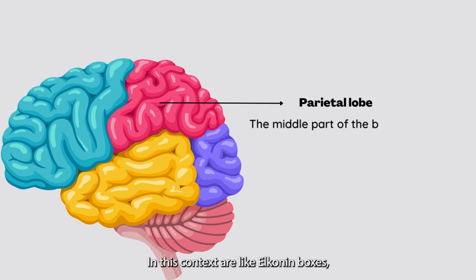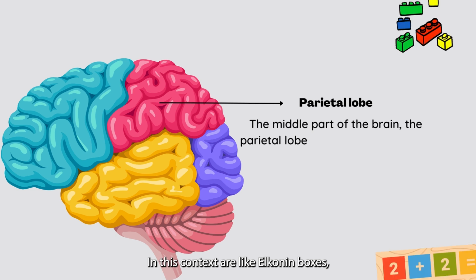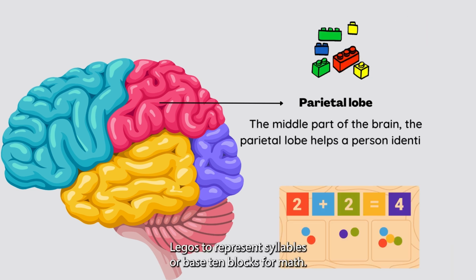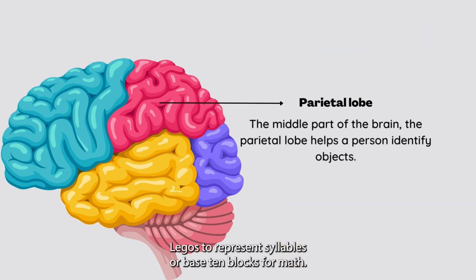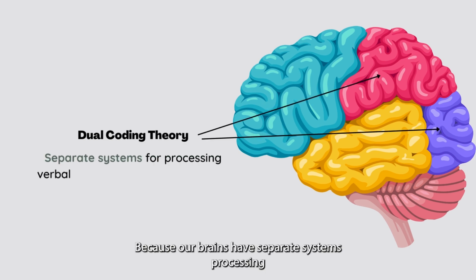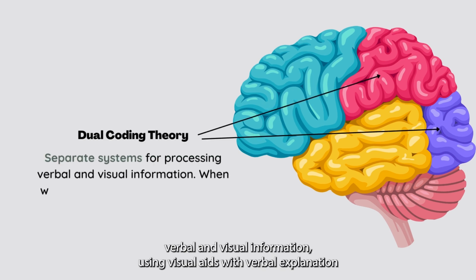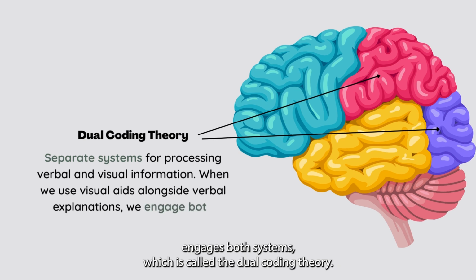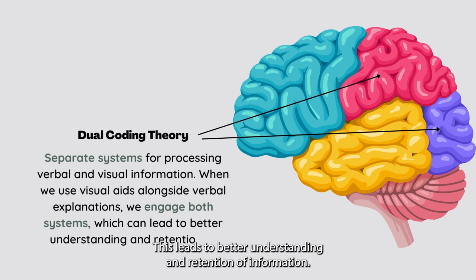Objects, in this context, are like Elkonin boxes, Legos to represent syllables, or base 10 blocks for math. Because our brains have separate systems processing verbal and visual information, using visual aids with verbal explanation engages both systems, which is called the dual coding theory. This leads to better understanding and retention of information.